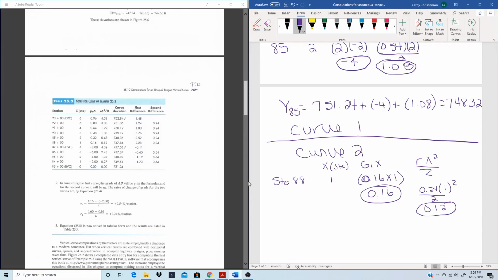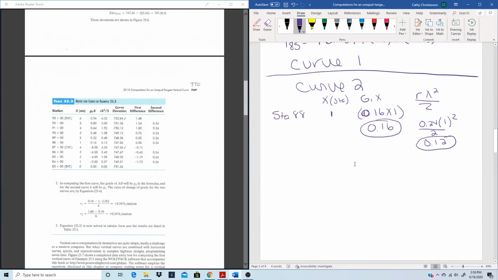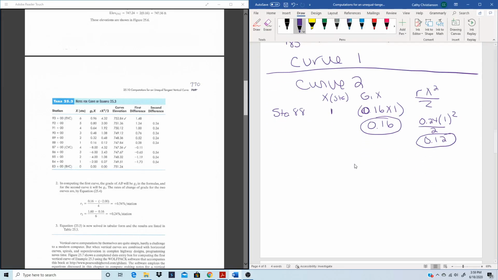So as you can see, we're just solving, so we can put it back into that curve formula. And so, elevation of 88.